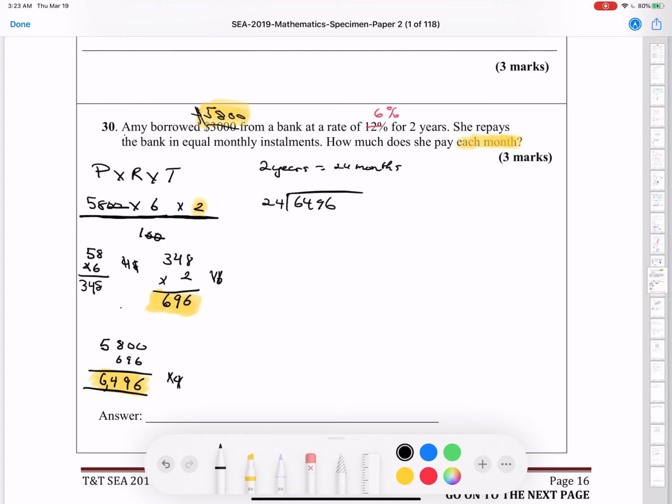24 into 64, 2 24s are 48. 64 take away 48, let's regroup. 14 take away 8, 6, 5 take away 4, 1, and we bring down the 9. 24 into 169.